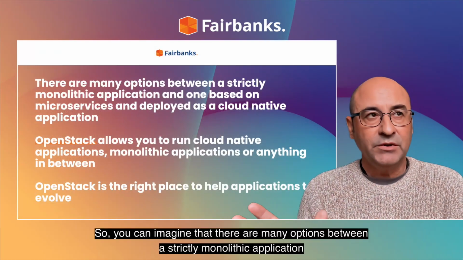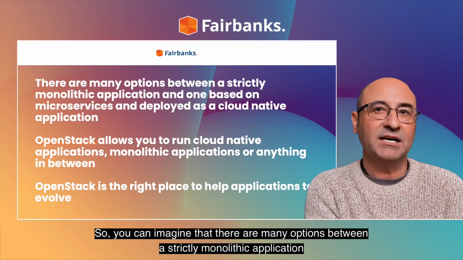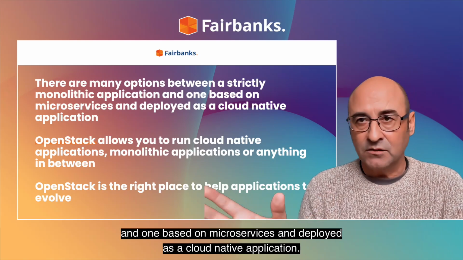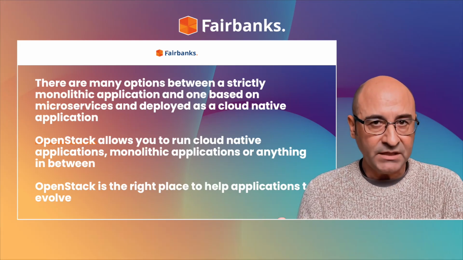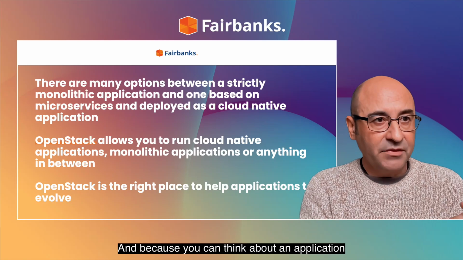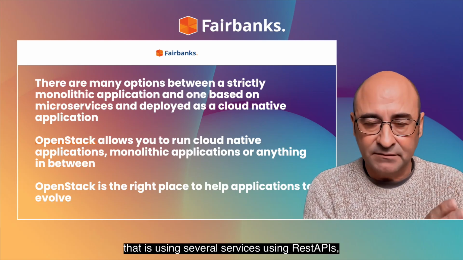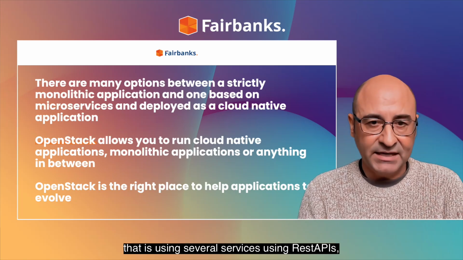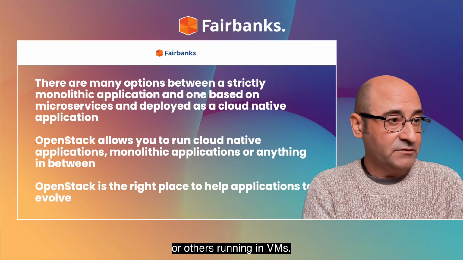So you can imagine that there are many options between a strictly monolithic application and one based on microservices and deployed as a cloud-native application. You can think about an application that is using several services, using REST APIs, maybe some of them running in containers, or others running in VMs.